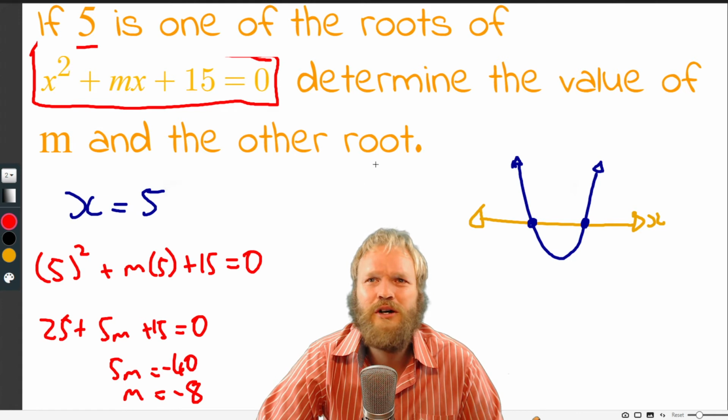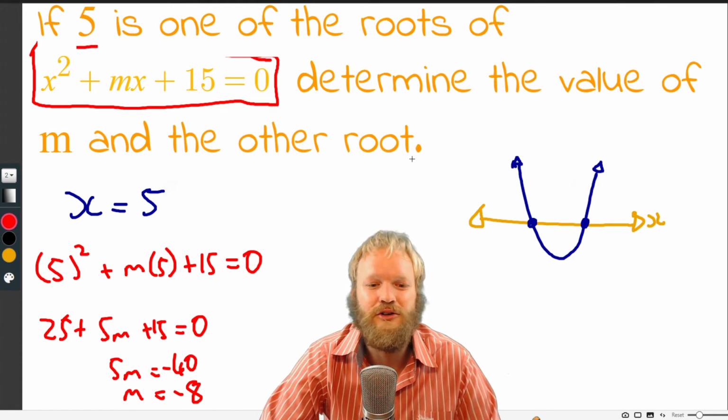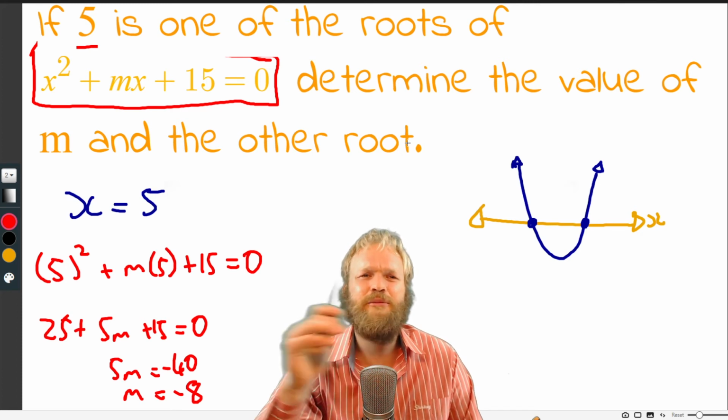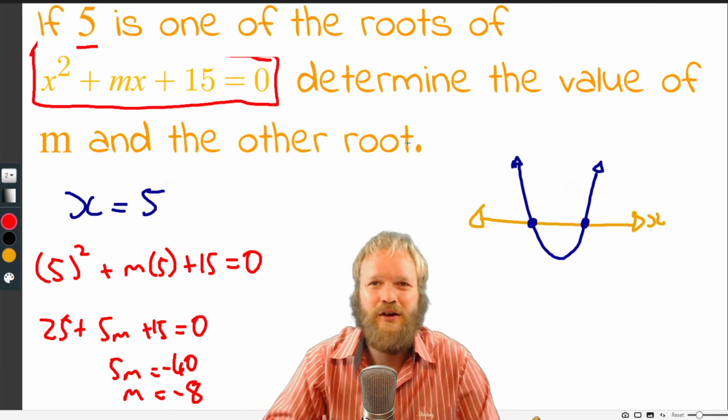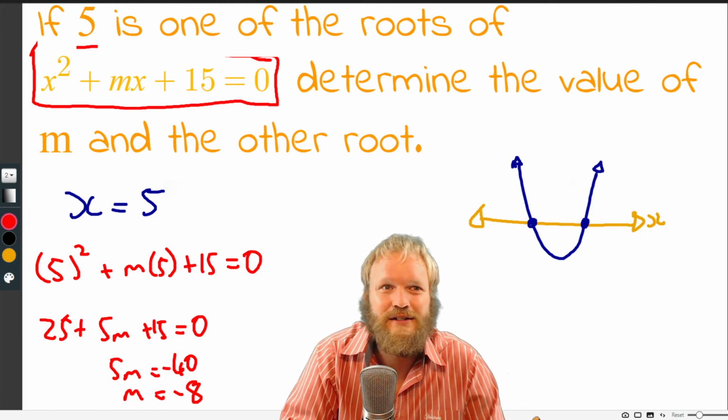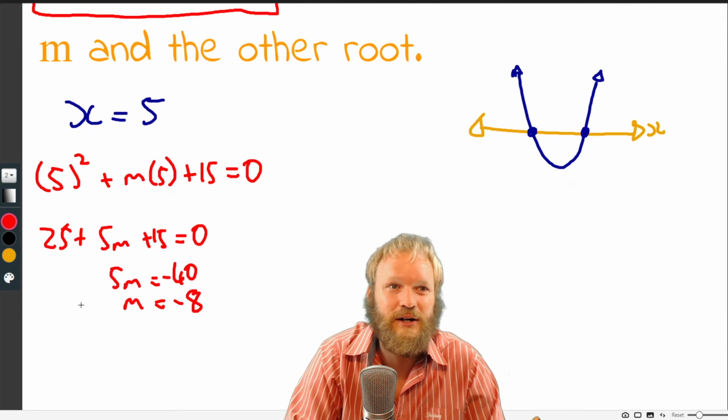But what are we trying to work out? The value of m and the other root. So we're not quite there. We found m. How is that going to help us find the other root? Well, if m is -8, let's put that back into our equation.